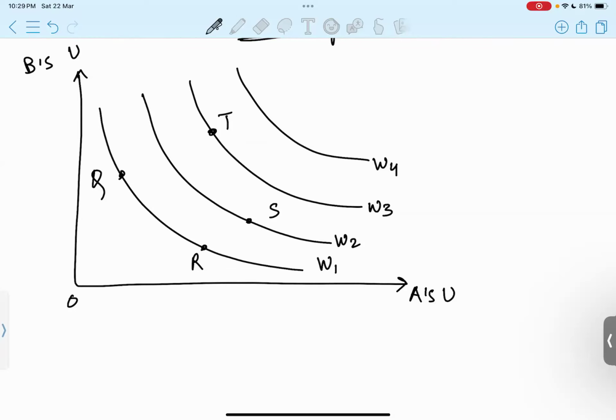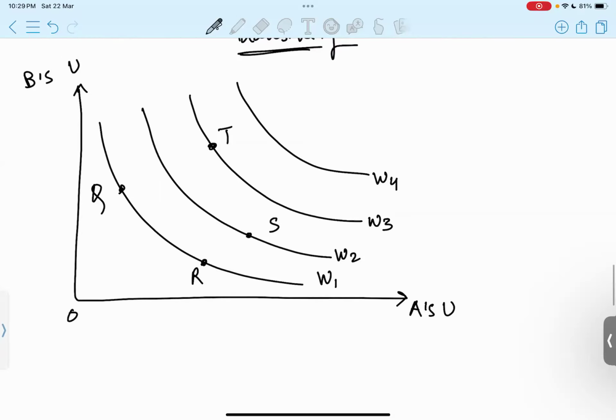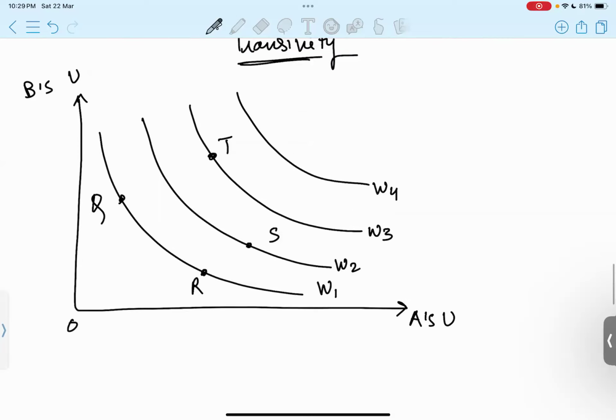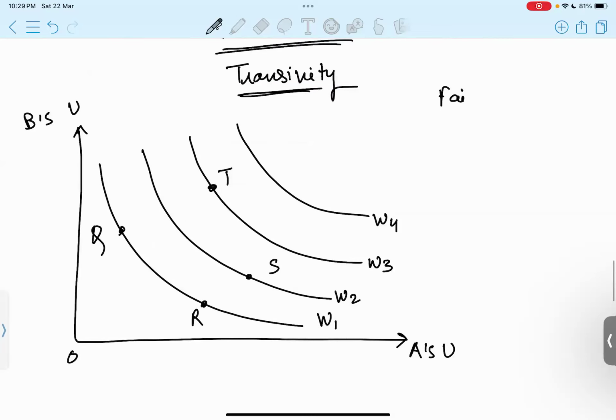Initially we are at position R, and here we see the factors fairness and equity have an important role, which is again a part of the value judgment, and this is represented by these indifference curves, which you can see we have drawn in the graph.